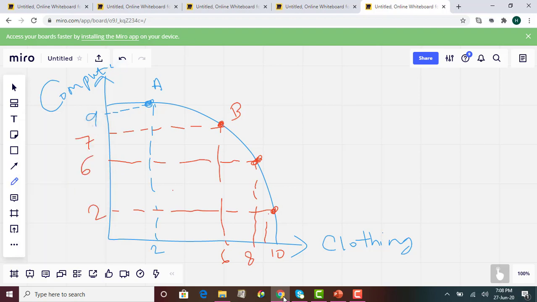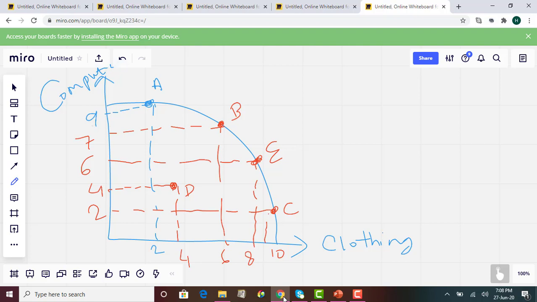I want this diagram to match with the PowerPoint slide. Okay, so let's say this is A, B, and we have E here, and let's say this is C, and then we have a point D. Okay, let's say we have a point D, and this is 4 clothing. Let's say we have 4 computers.